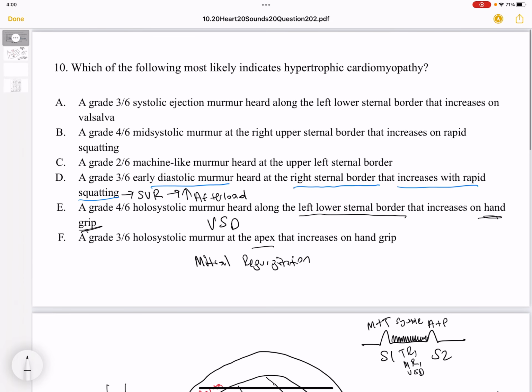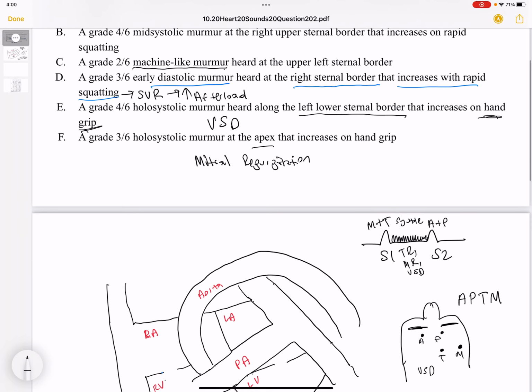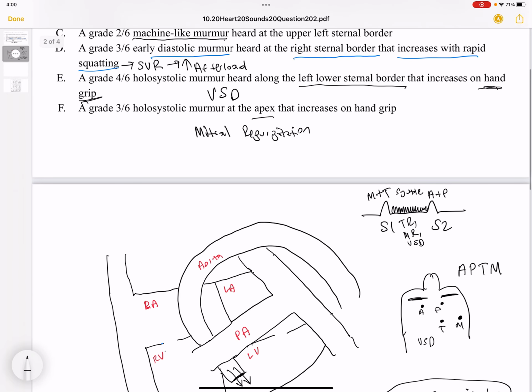Now let's look at answer choice C, a grade 2 out of 6 machine-like murmur heard at the upper left sternal border. When we hear the words machine-like murmur, we should automatically think of patent ductus arteriosus.